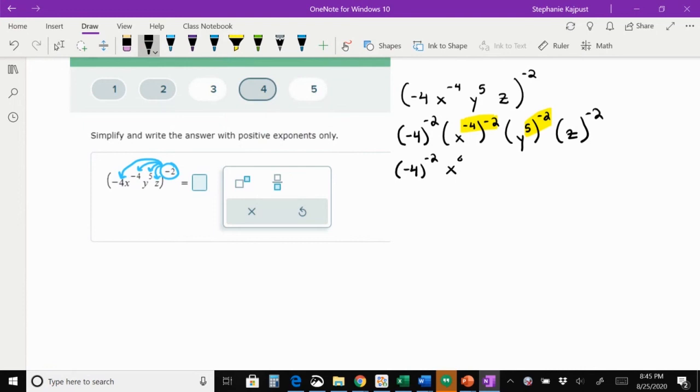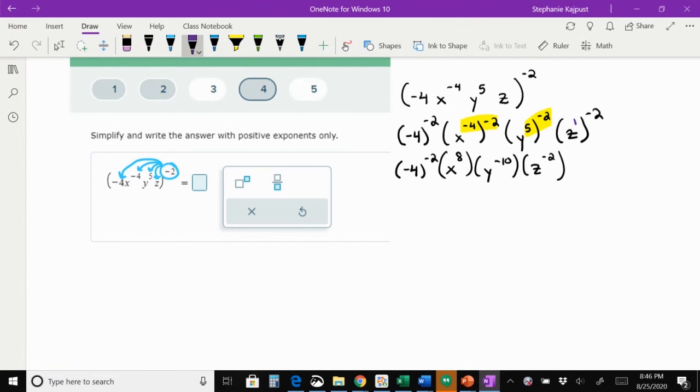So that's going to give me x to the 8th. And for the y, 5 times -2 is -10. So that's going to be y to the -10. And then the z will just get that exponent of -2, because you can treat it like there's a 1 there. 1 times -2 is -2.